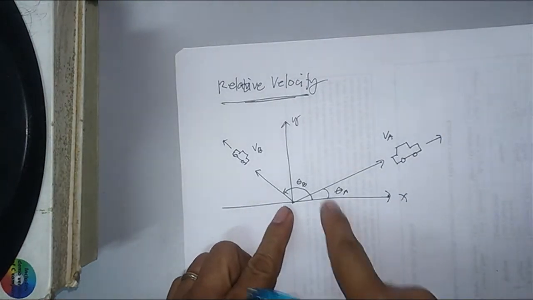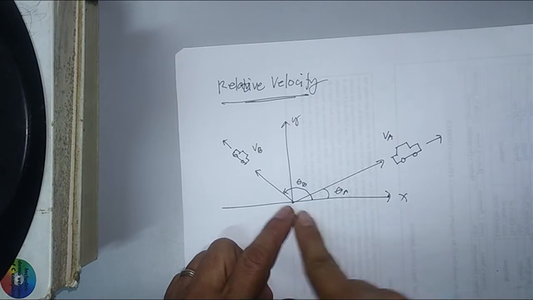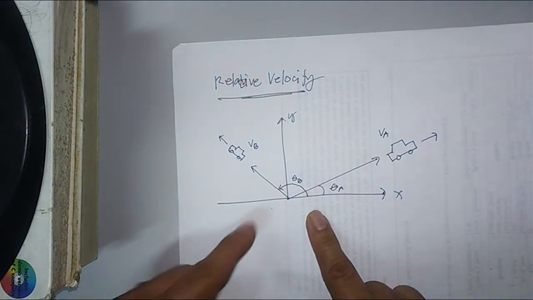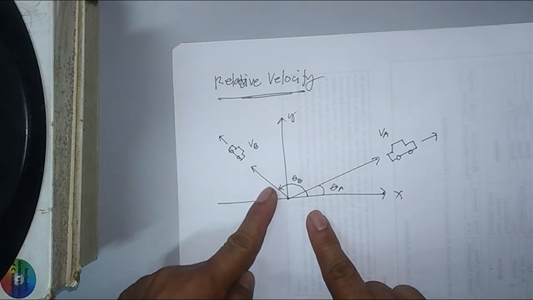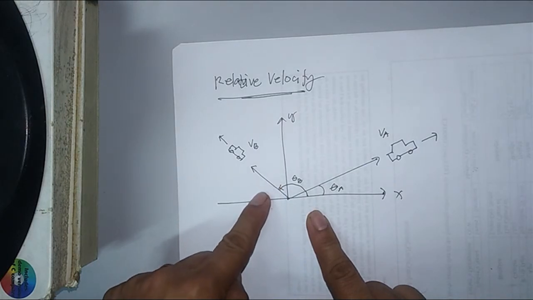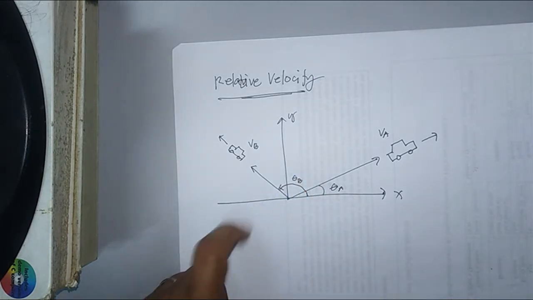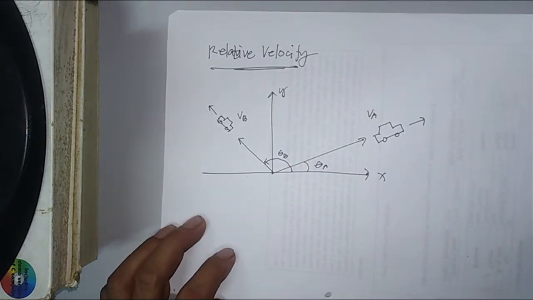Take note, the angle here should be from your x-axis. If you encounter problems where the angle is designated differently, you have to solve for the angle from the x-axis.